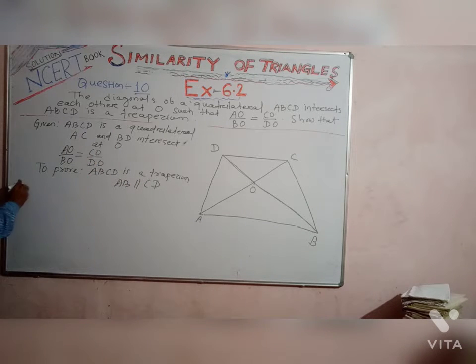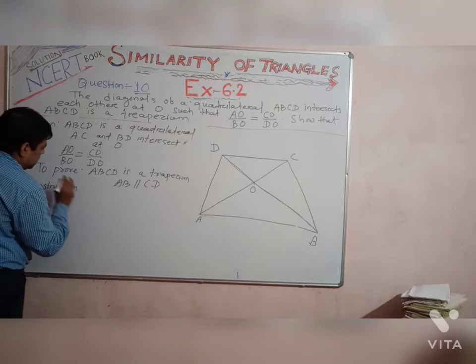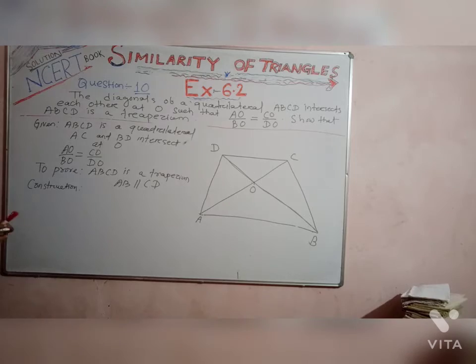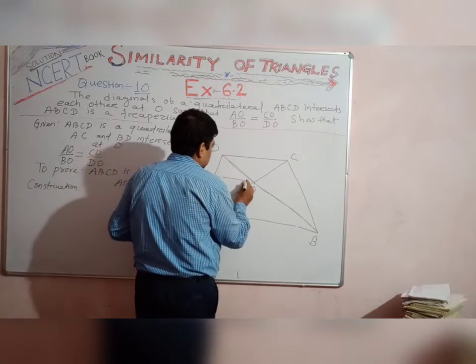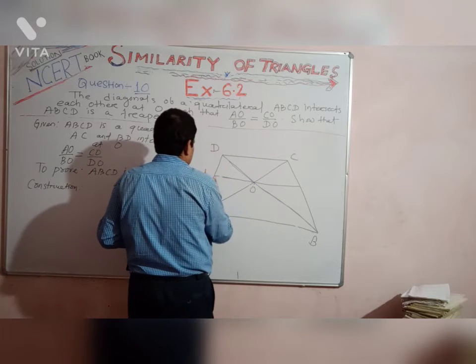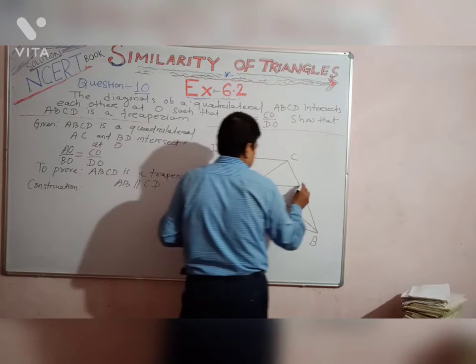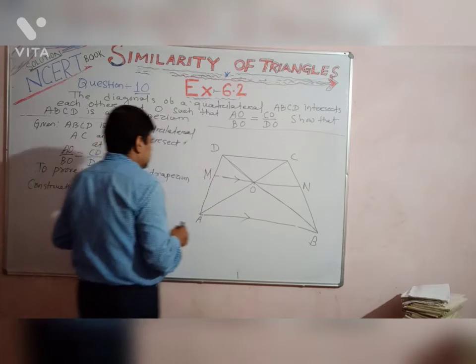Now for construction, one more construction we have to do, because we have to prove it according to the basic proportionality theorem and the converse basic proportionality theorem. That's why you have to draw a line through the point O. MN is drawn through the point O in such a manner that MN is parallel to AB. Is it clear?